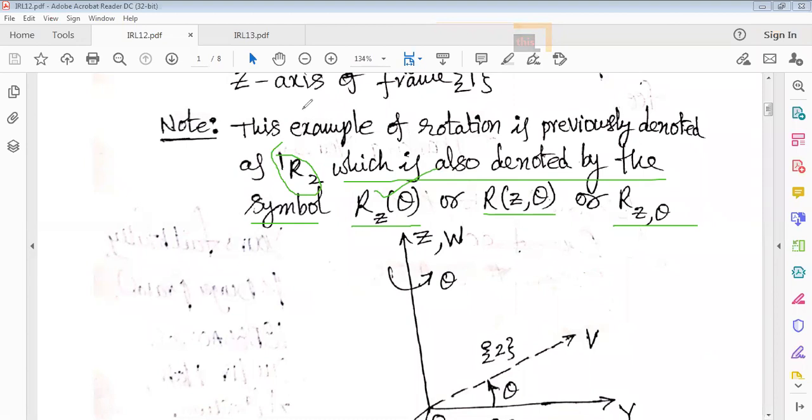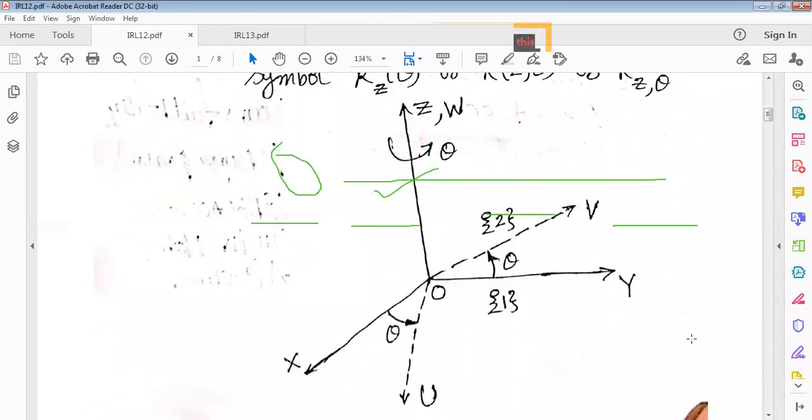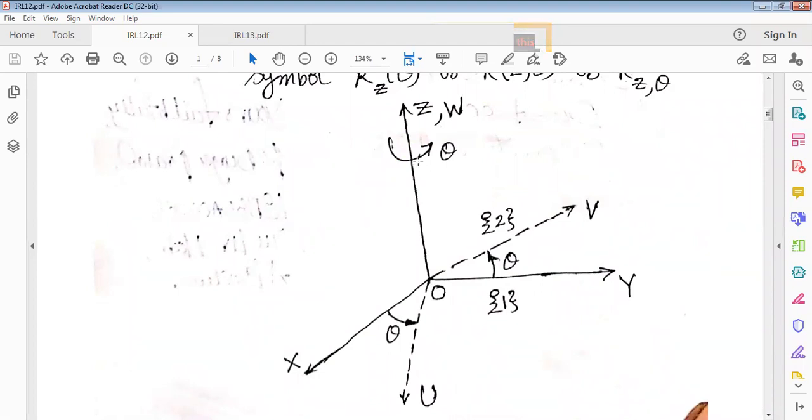Let us look at the figure, which shows the rotation of frame 2 about the z-axis of frame 1 by an angle theta. In this example, if you observe, the Z axis and the W axis of frame 2 are exactly coincident.